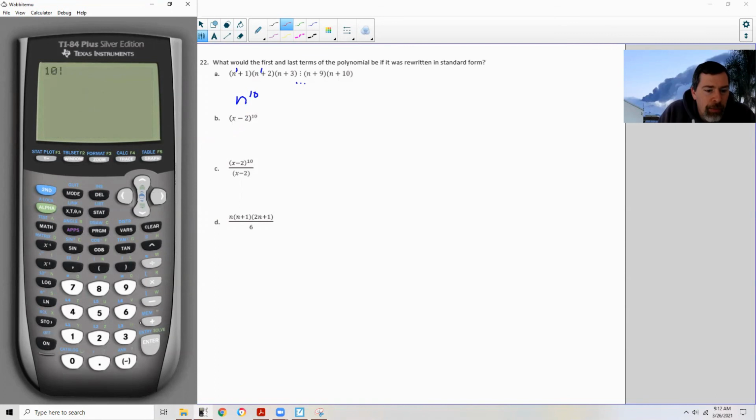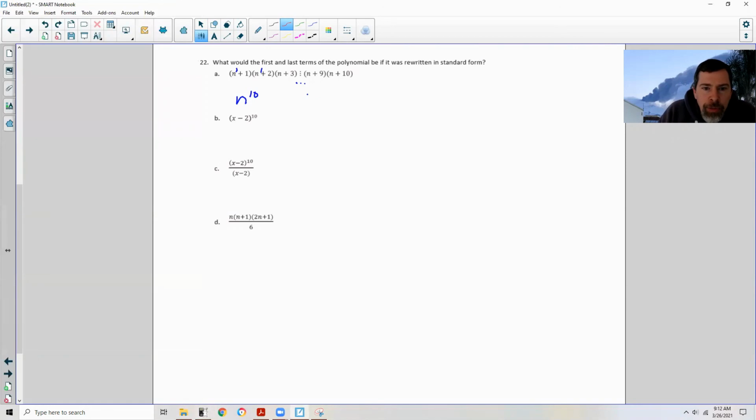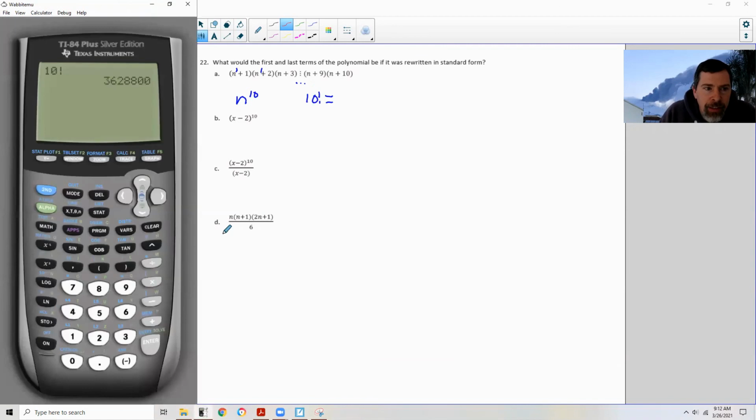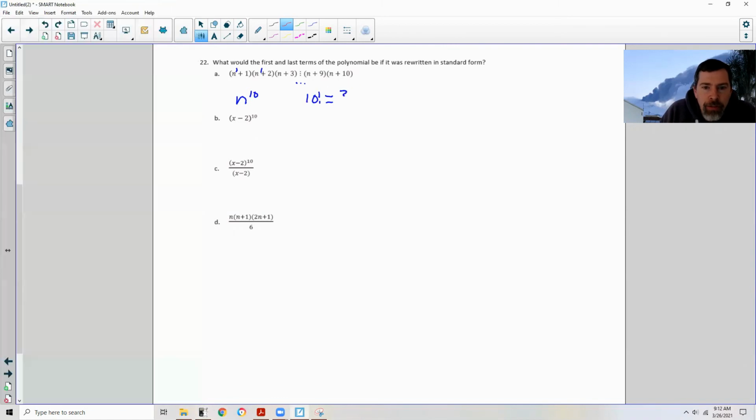So 10 exclamation 4, enter, 3, 6, 2, 8, 8, 0, 0. So my last term would be 10 factorial, but 10 factorial is 3,628,800. Okay, if you wanted to actually say what that value is.